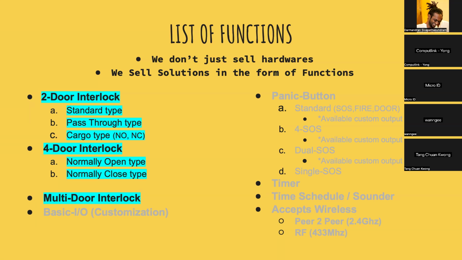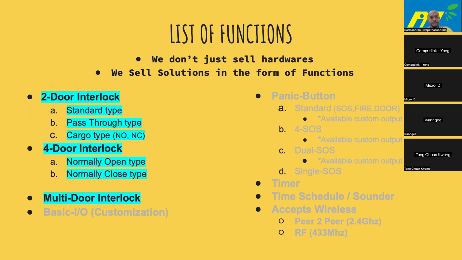The boards are also able to communicate with each other in peer-to-peer. If you want to know more about peer-to-peer and wireless, you can look into our previous videos on smart converters, which explain it in detail. Peer-to-peer is MicroID's standard of wireless communication.